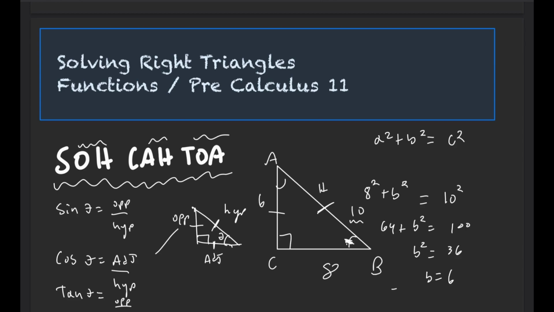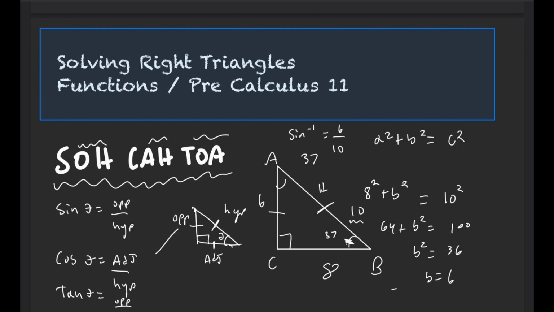And then to find the angle, we can just use some trig. So we use sine theta. Whenever you're finding an angle, use the inverse, is equal to the opposite, so 6 over the hypotenuse, so 10. And then just punch that into your calculator. Make sure you're in degree mode. And you'll get 37 degrees roughly.